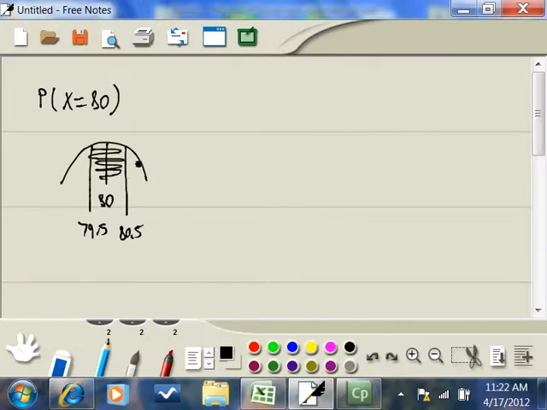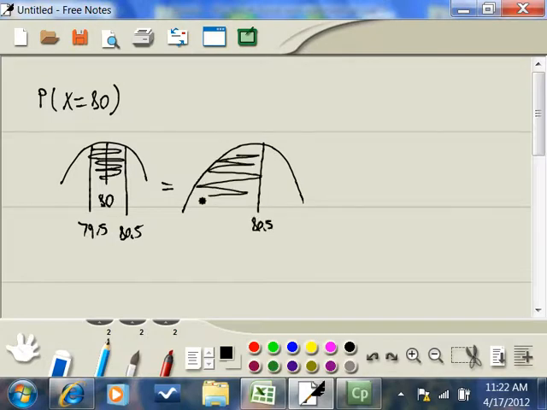Like this. Because if our wording includes 80, our shading has to. This is the same as the last type. We're going to take 80.5, shaded to the left, and we'll subtract off 79.5, shaded to the left.